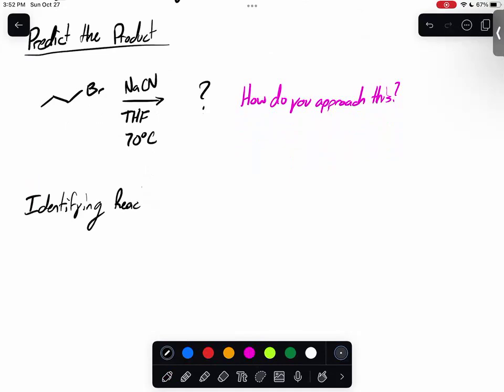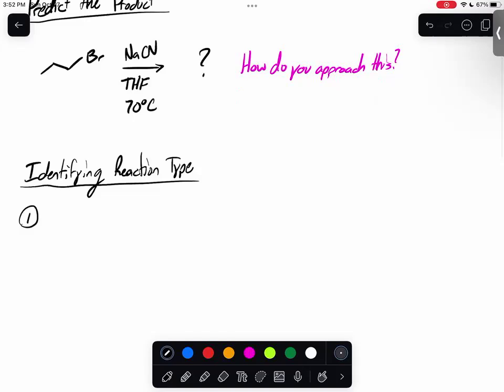So when we're identifying the reaction type, the first thing we want to do is figure out what is going on with the leaving group. And the first thing to do to figure that out is we need to find the leaving group, right? Because if there is a leaving group, these reactions can occur.